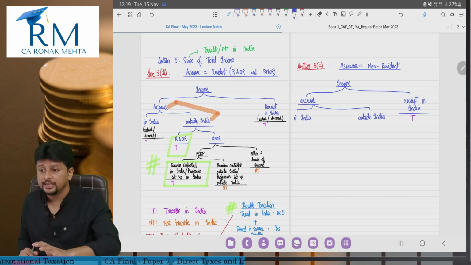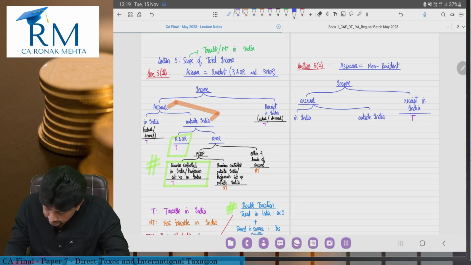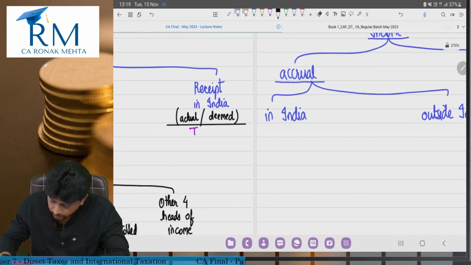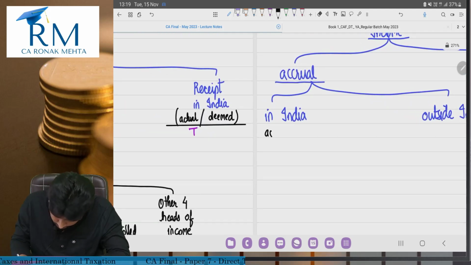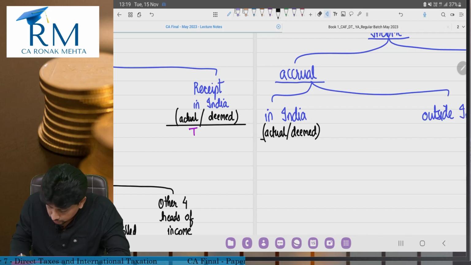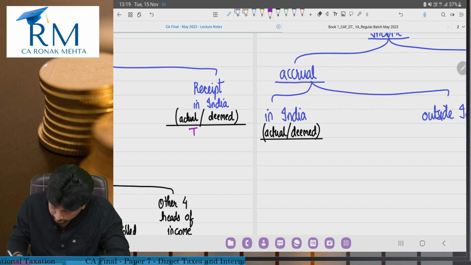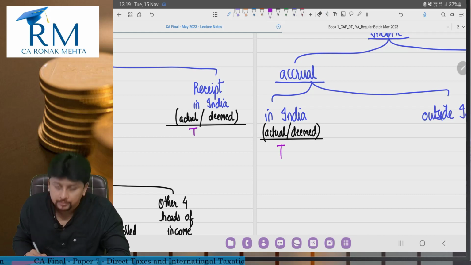But the non-resident's chart will be much simpler, because if I am talking about accrual in India, it can be actual accrual, it can be deemed accrual. But by actual accrual or deemed accrual, whatever it is, it is taxable.